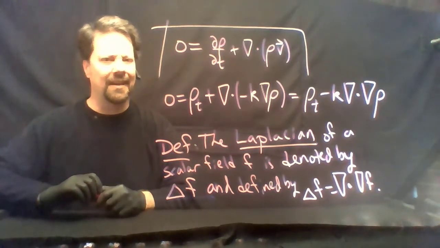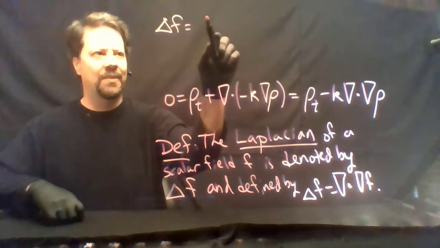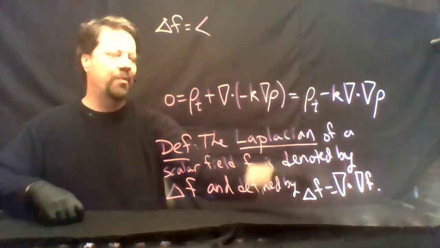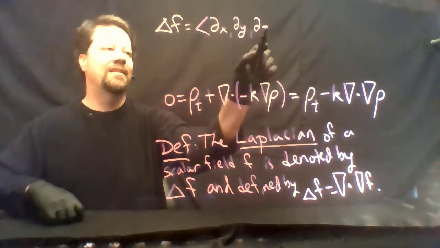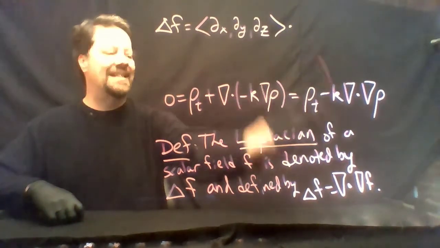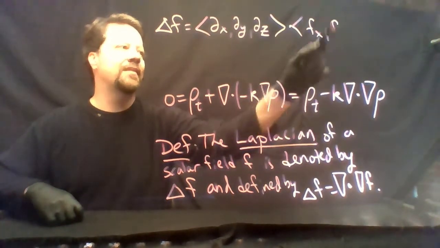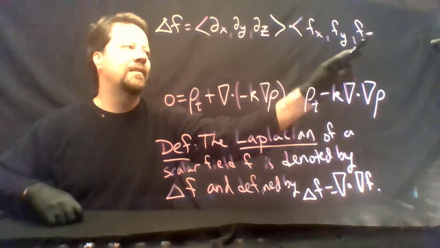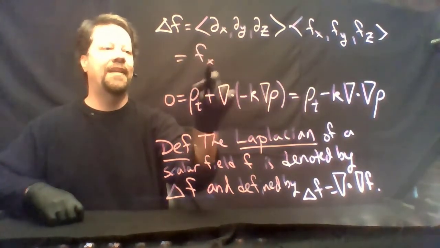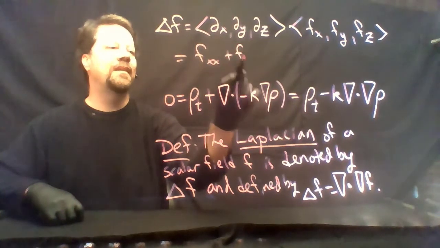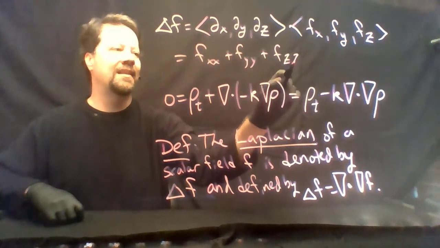What does that look like? The Laplacian of f, we take the del operator, which is dx, dy, dz, and we dot that with the gradient of f, which is fx, fy, fz. What we get is fxx plus fyy plus fzz.